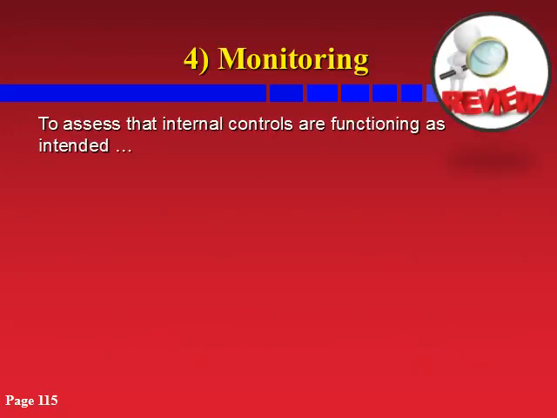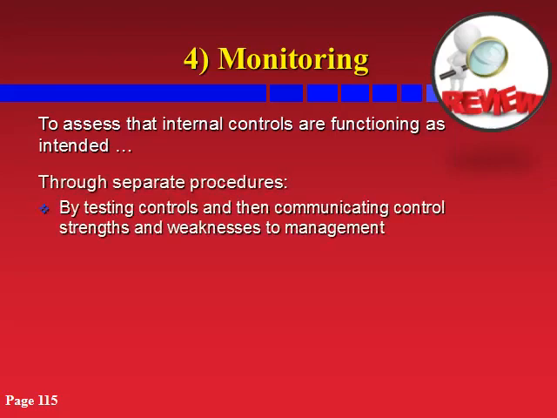Monitoring is the process of assessing that internal controls are functioning as intended, either through separate procedures or through ongoing monitoring. Adopting separate procedures for monitoring is to gather evidence of control adequacy by testing controls and communicating control strengths and weaknesses to management.